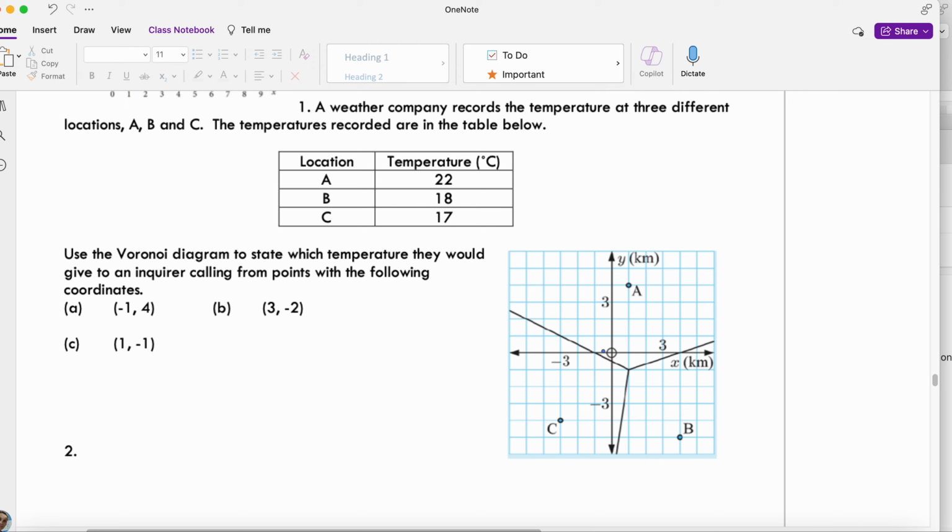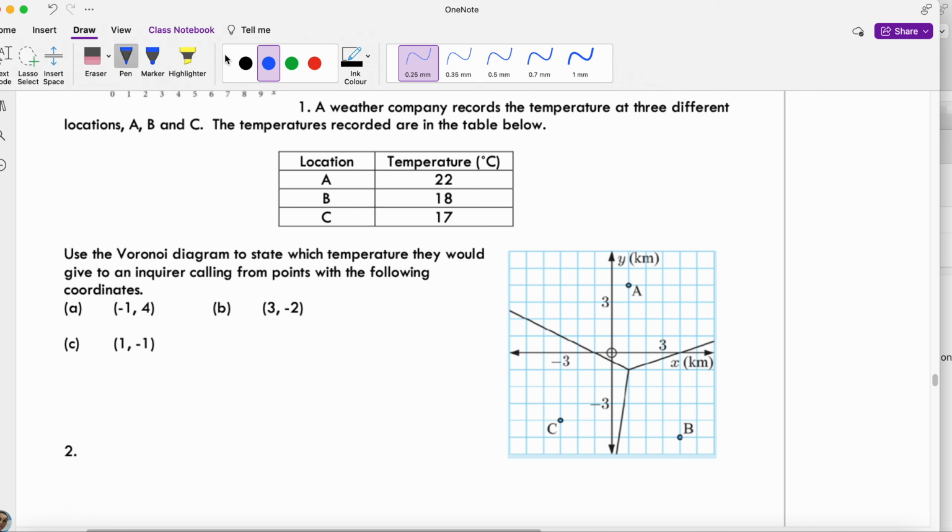If you are at -1 and 4 here, then you can see you're in the region that is closest to A. Anywhere here, you're going to be closest to A. That's what nearest neighbor interpolation means. Anywhere in this region, the nearest neighbor would be A.